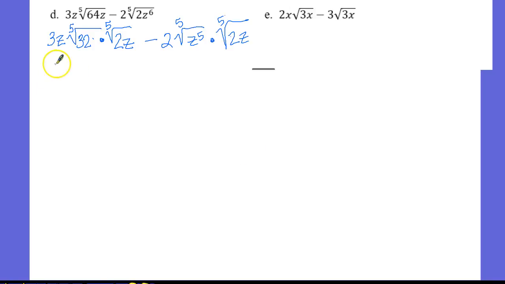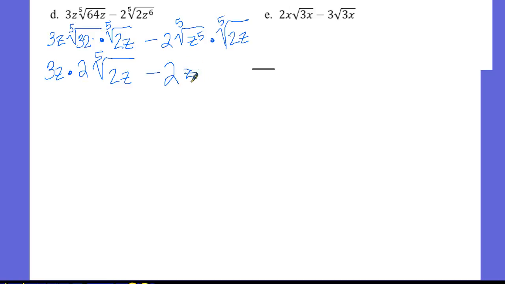Okay, let's simplify. This is 3z times 2, fifth root of 2z, minus 2. What do I do when I do the fifth root of z to the 5th? They cancel each other out.